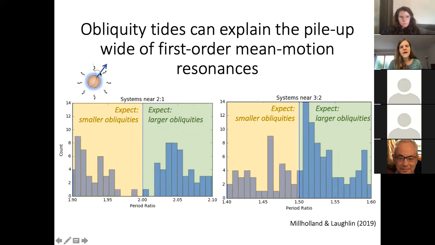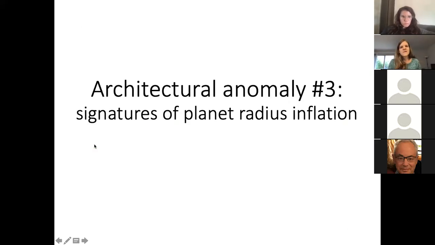And so we predict that these planets should have larger radii than these just inside that have smaller obliquities. So this brings me to the third and final architectural anomaly that I want to point out.